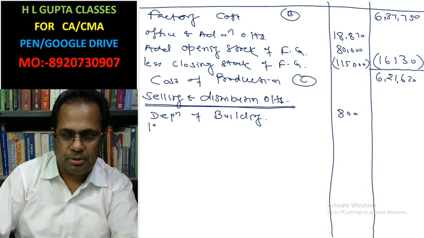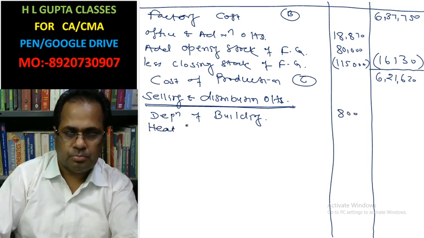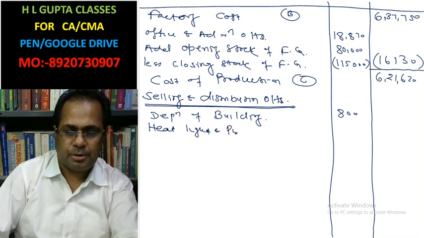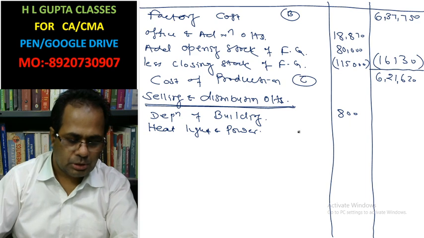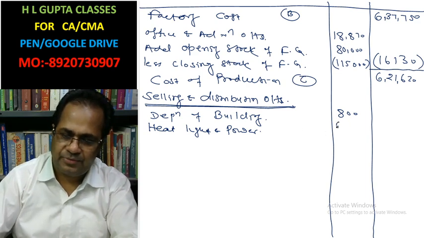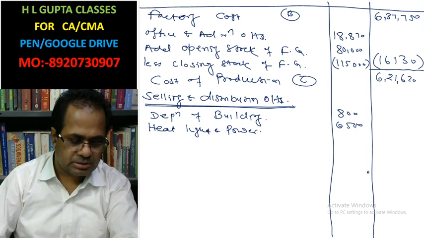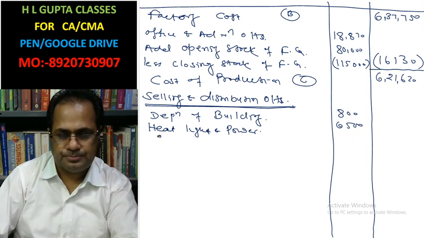Heat, light and power, this is already given 6,500 we have calculated. Now sales commission.